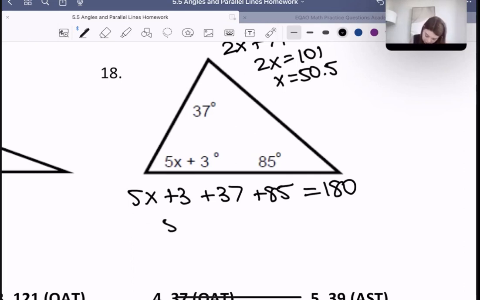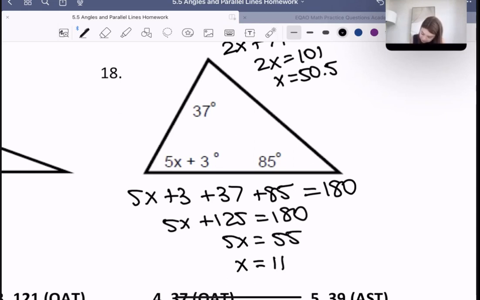So we have 5x plus 125 is equal to 180. And 180 minus 125 is 55, so 5x equals 55, which means x would be 11. And there we have it.